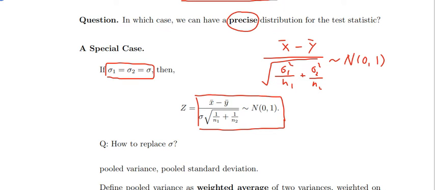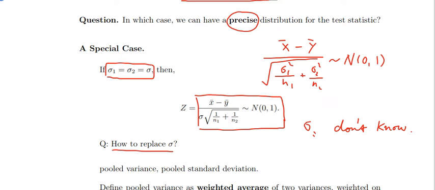Even though we assume sigma 1 and sigma 2 are equal to sigma, this sigma we still don't know. So how can we replace this sigma by an S?